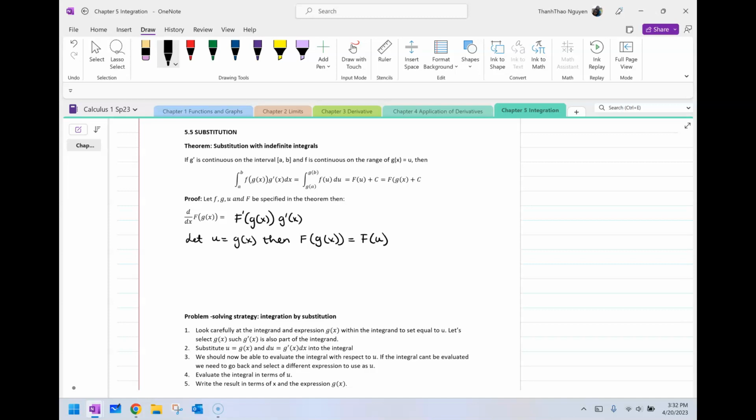This means d/du of F of u is equal to f prime of u, right? So let's integrate both sides of the equation. The integral of d/du F of u equal to the integral of f prime of u du.